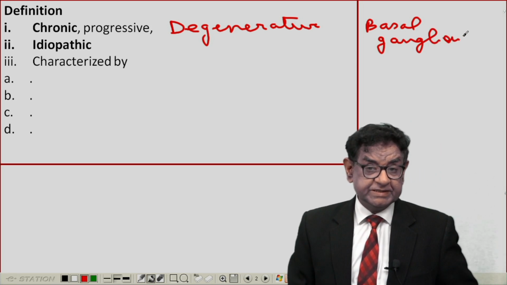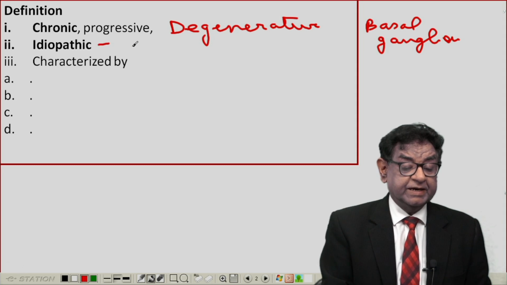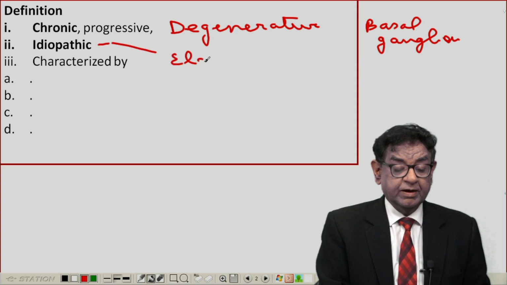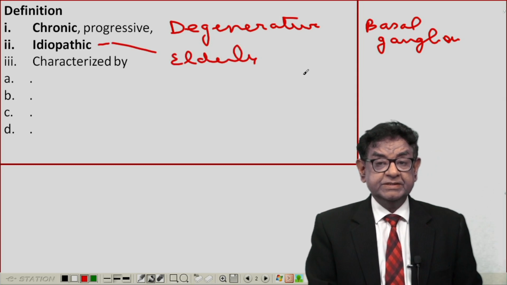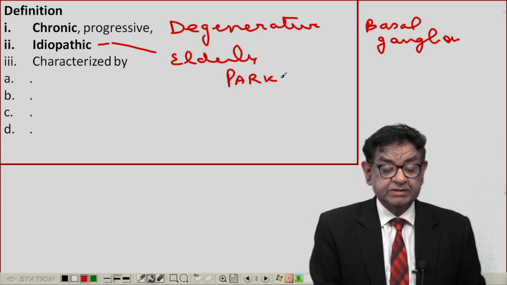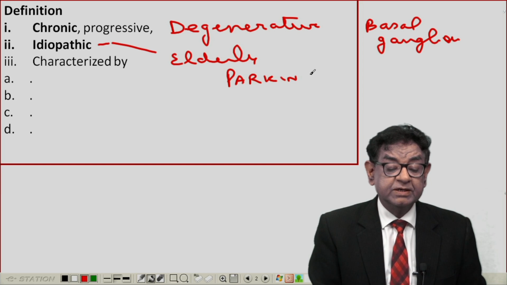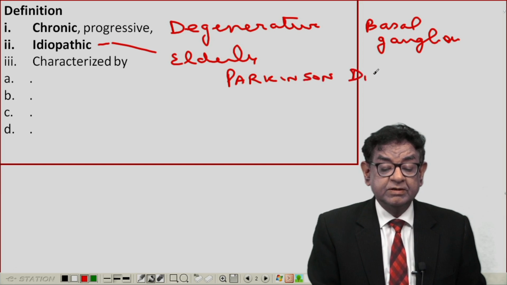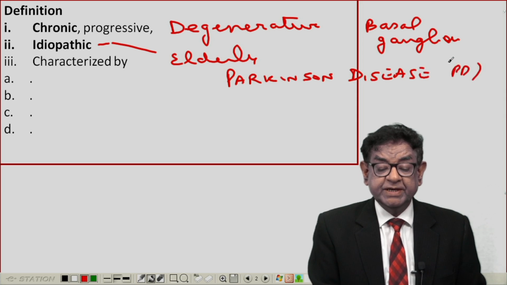Most of the time it is idiopathic, and that is seen in elderly people. The idiopathic variety is what is known as Parkinson disease, which I'll be writing as PD.